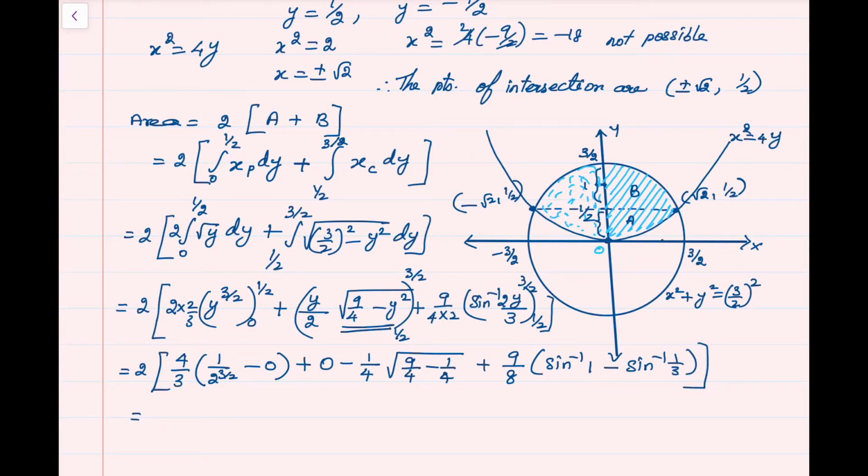Distribute this to 8 by 3 times 1 by root 2 cube is 2 root 2, minus distribute to 2 by 4 times 8 by 4 is root 2, plus 9 by 8 times, and we have to distribute 2. So it becomes 9 by 4 times pi by 2 minus sine inverse of 1 by 3.